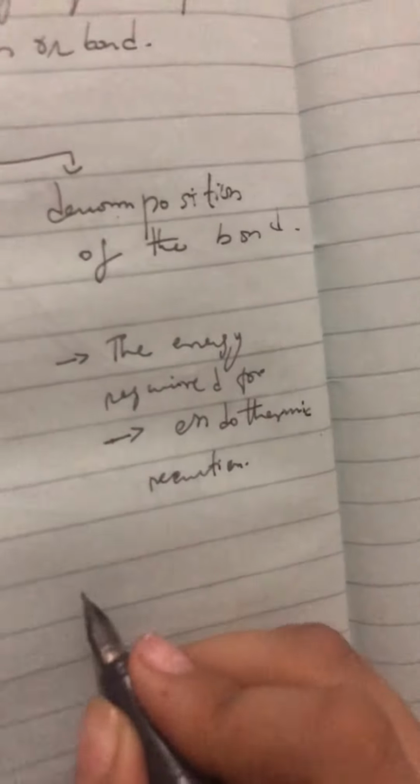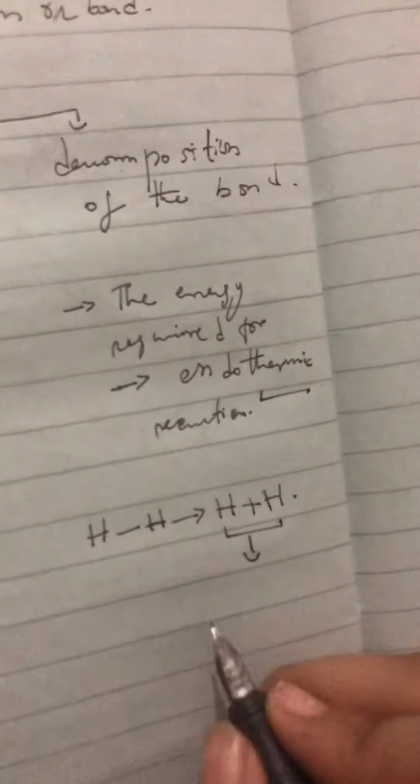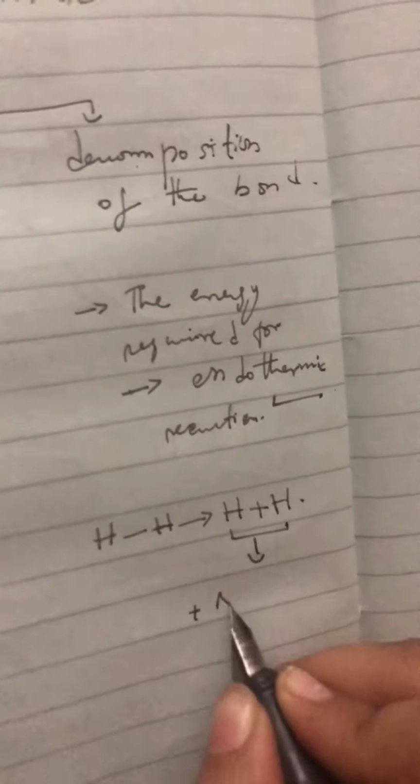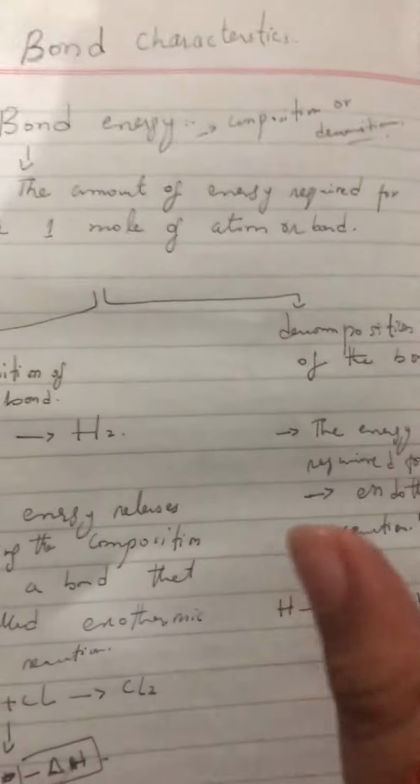For example, here we have H and H. This is a bond, this is a composition. But if we break this, it will be like this. So the energy required for the decomposition of a bond is called the endothermic reaction, and this is shown as plus delta H. So this breaking and composition of the bond is the bond energy.